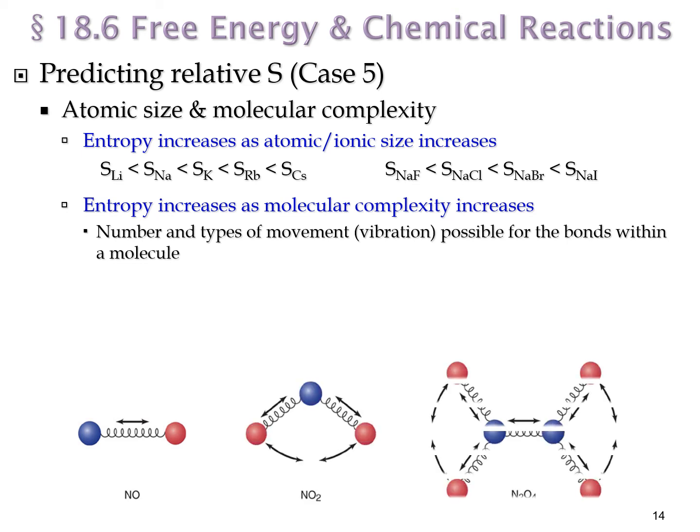But if we talk about nitrogen dioxide, besides the stretching, we have more different ways of movement of the bonds. So we have two stretchings going on, and also a bend going on, left and right.